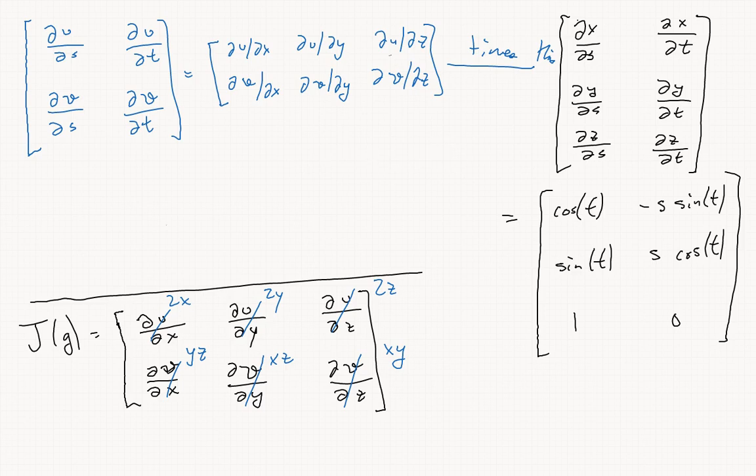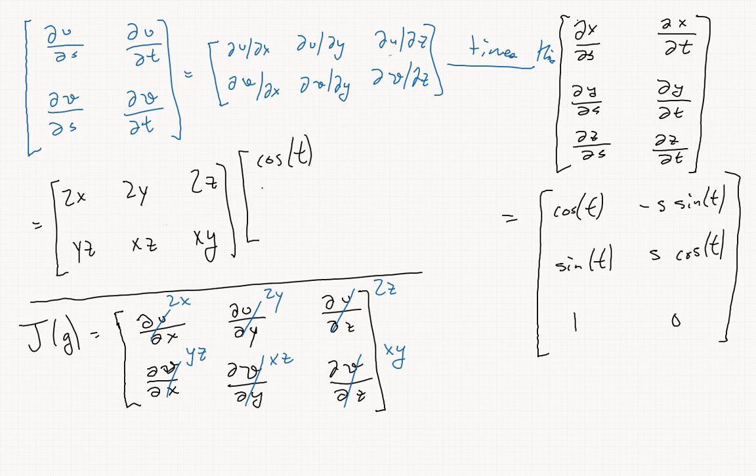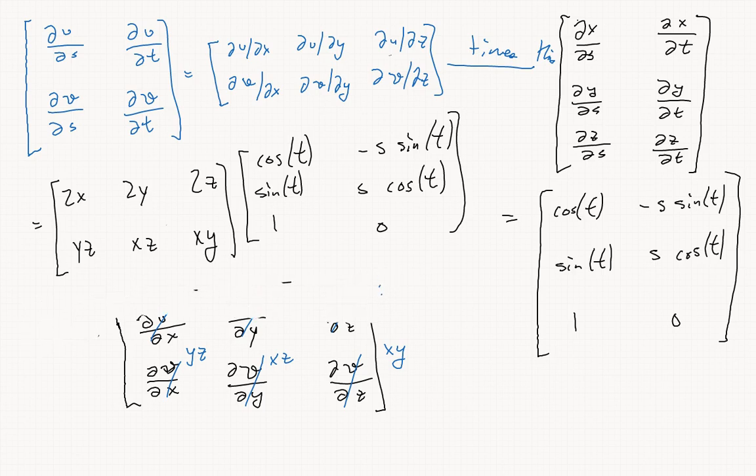That's going to be the product of 2x, 2y, 2z, yz, xz, xy, with cos t, sine t, 1, negative s sine t, s cos t, 0.